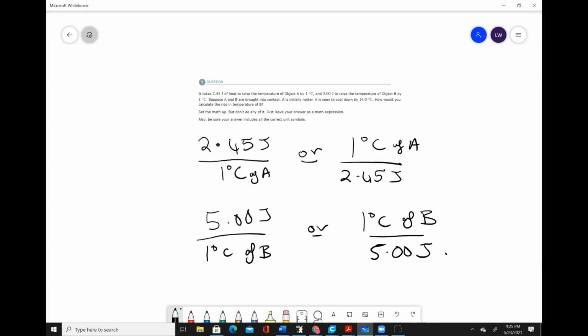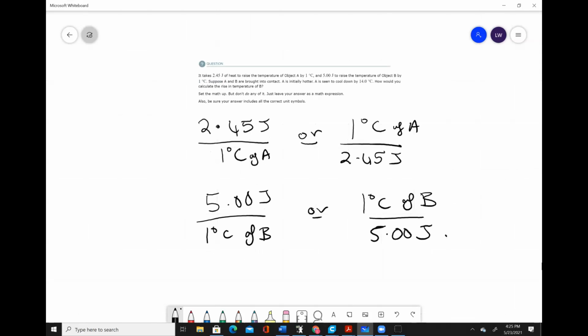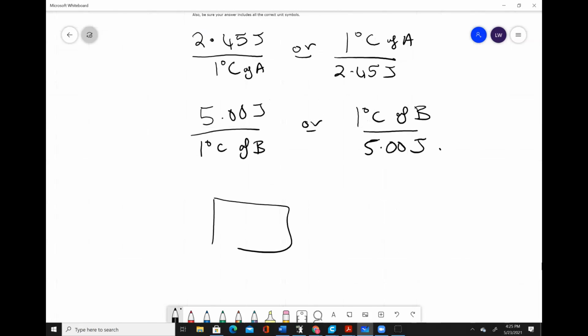Now it says, suppose A and B are brought into contact and A is initially hotter. So what do we know when two things come into contact? We know that heat spontaneously moves from the hotter object to the colder object.